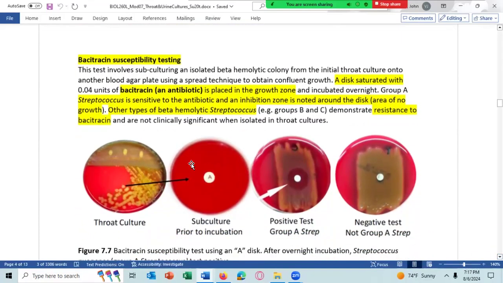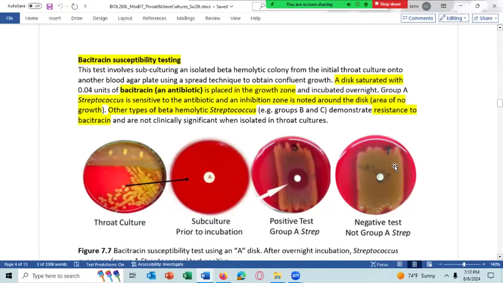You then do the bacitracin test, meaning this is something that was on blood agar, beta hemolysis, catalase negative, and you streak it out on the plate here, putting down a disc of bacitracin on top of the growth, and there you can see the bacteria, and there is a zone of inhibition, which is a positive test for bacitracin.